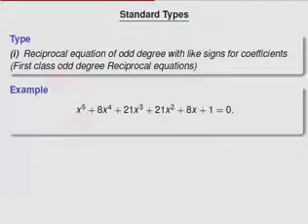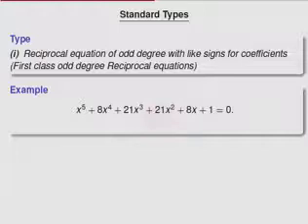Example: x to the power of 5 plus 8 into x to the power of 4 plus 21 into x cube plus 21 into x to the power of 2 plus 8 into x plus 1 is equal to 0. We compare the coefficients: here a0 is equal to 1, and the last term an is also 1, and correspondingly, here 8 and here also 8, and here 21 and 21, and the power is odd, x to the power of 5.